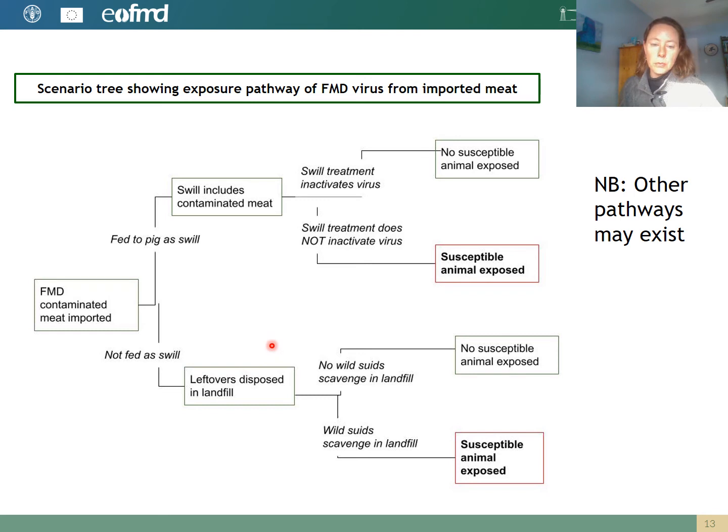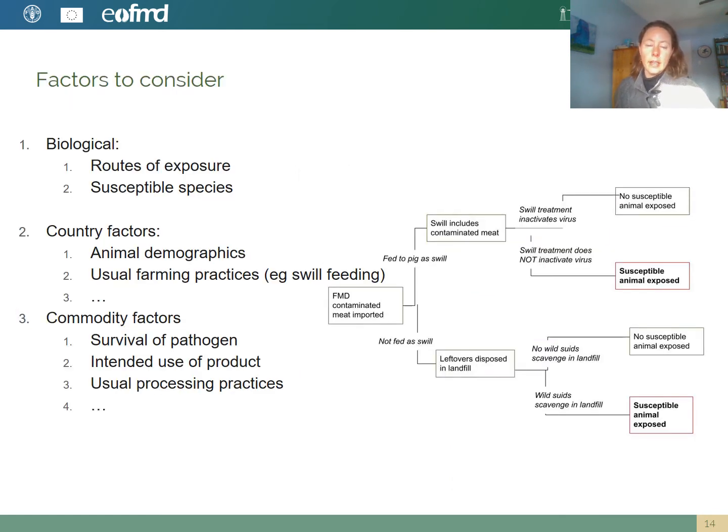And the second one in which wild animals are exposed because the contaminated meat has been disposed of in a landfill. And there may be other pathways that could exist as well. Again, factors to consider need to be identified. And again, these can be biological factors, country factors, or commodity factors.